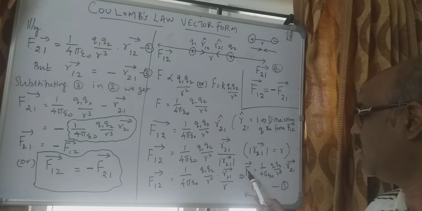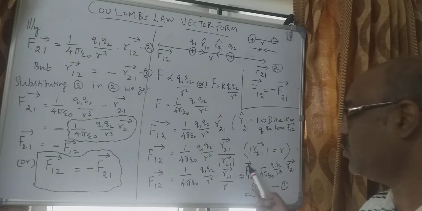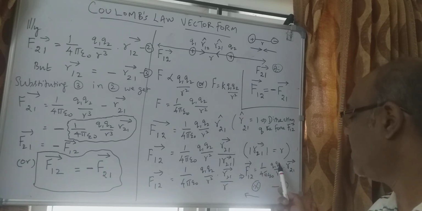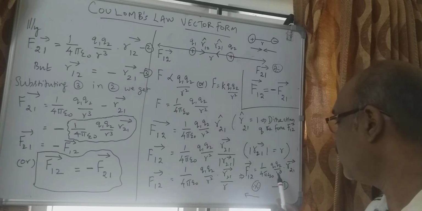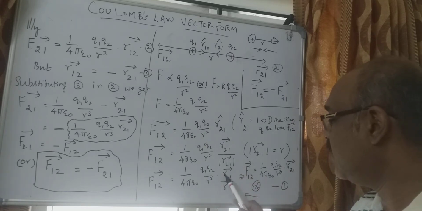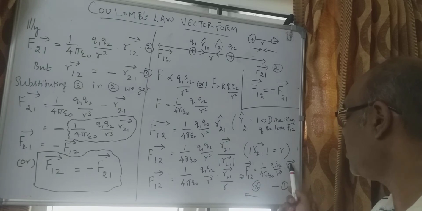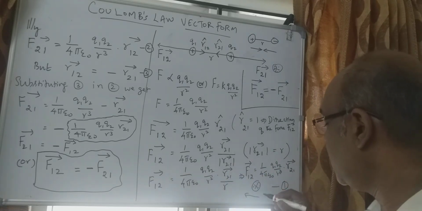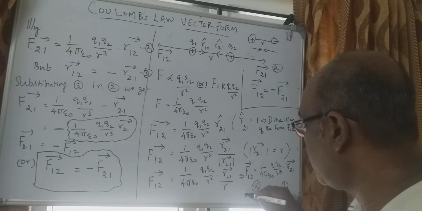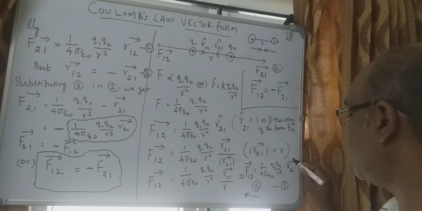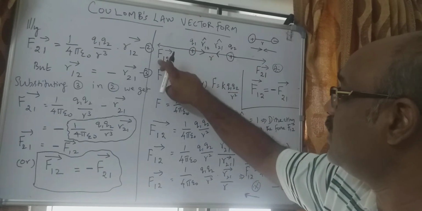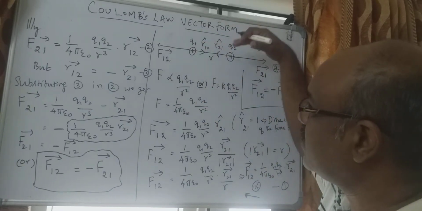So, force on 1 by the charge 2 in vector form is equal to 1 divided by 4 pi epsilon naught q1 q2 divided by r square into r, which becomes r cube, with the vector notation r 2 1. This is the direction of the force. The direction of the force is from 2 to 1. So, force on 1 due to the charge 2 acts in this direction.